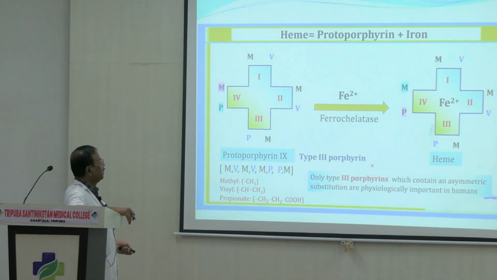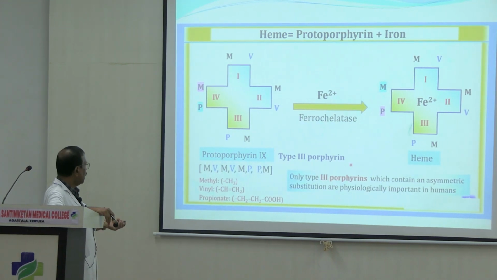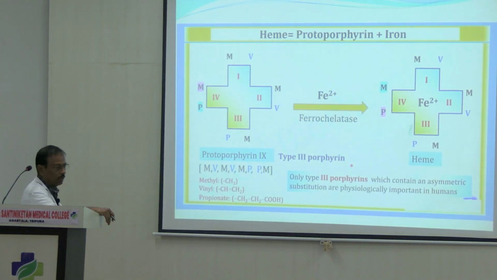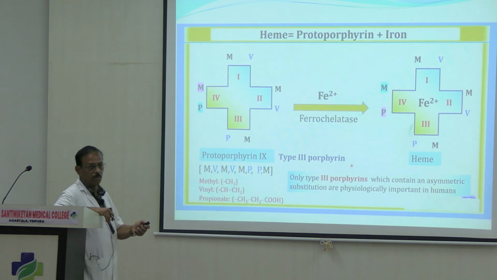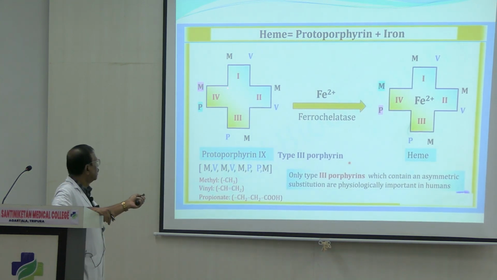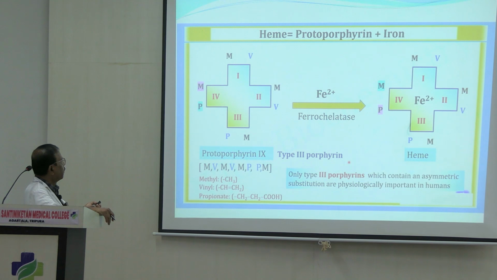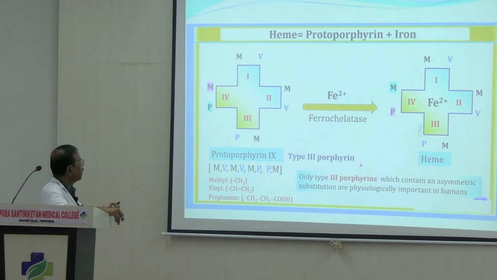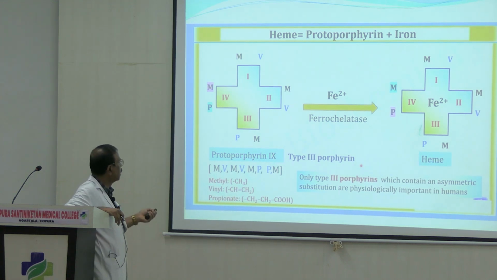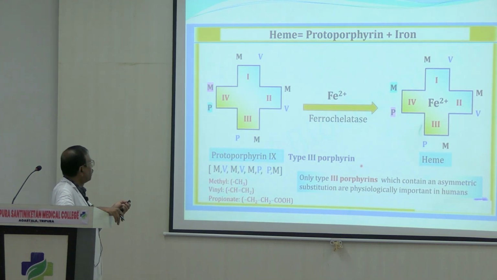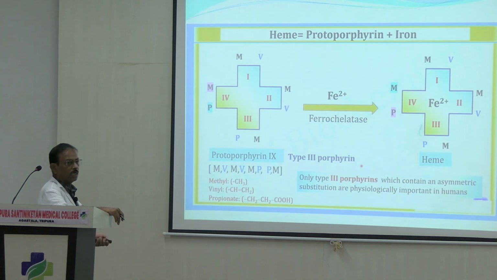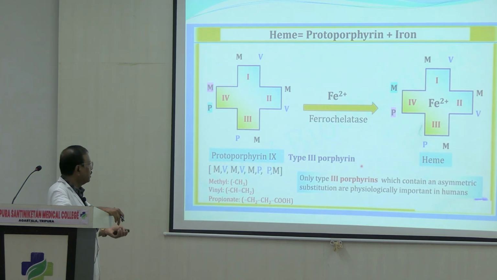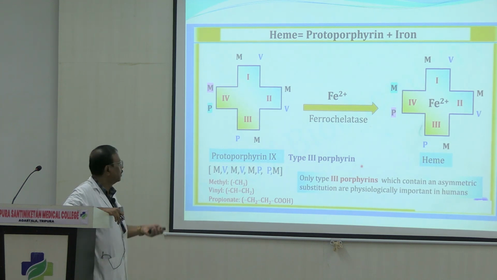Now in heme, it is the protoporphyrin which is present as the porphyrin. Here the methyl group is as it is, but in the first, second and fourth positions, the propionate is replaced by a vinyl group.